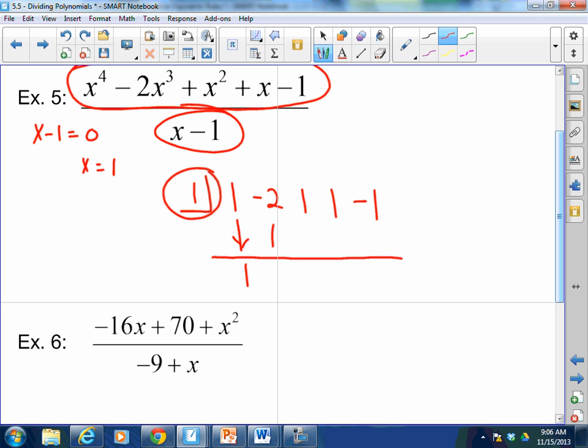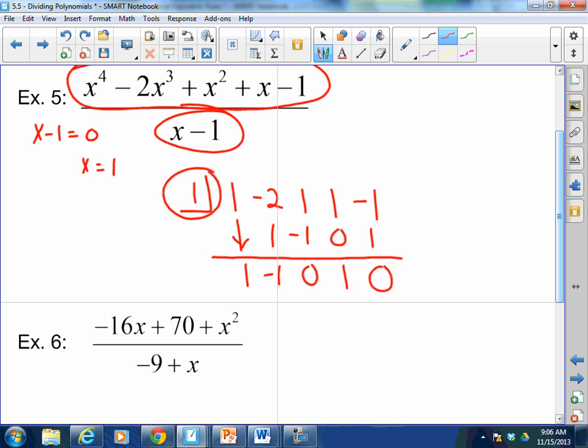Put the 1 here, add it. Negative 2 plus 1. Negative 1. What's 1 times negative 1? Negative 1. What's 1 minus 1? 0. What's 1 times 0? 0. What's 1 plus 0? What's 1 times 1? And then I have 0 left over.